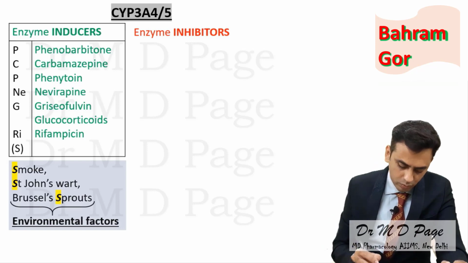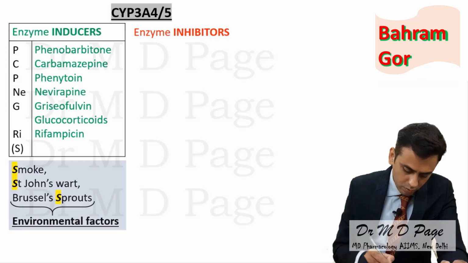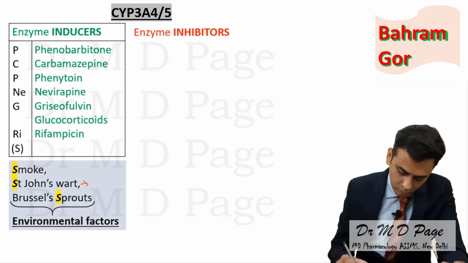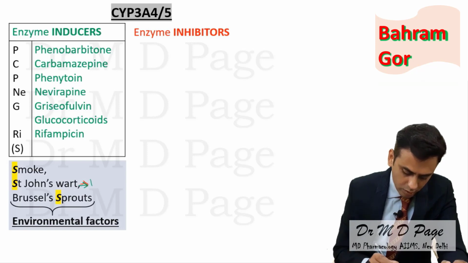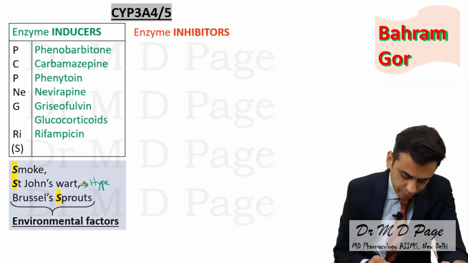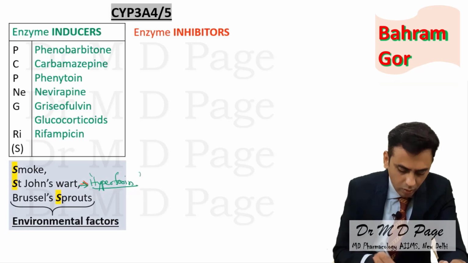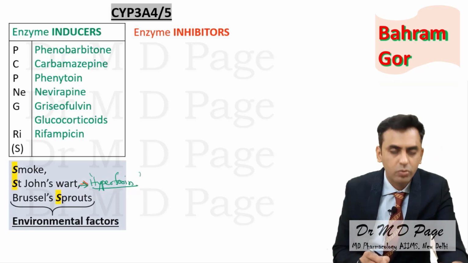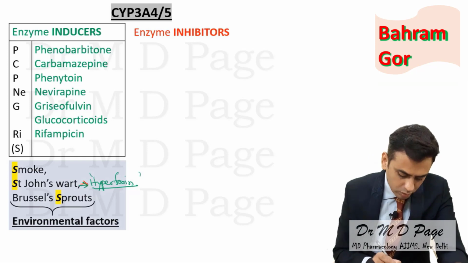By this St. John's wort, we also have hyperforin, the active principle of this St. John's wort. This has also been asked. All of this has been asked, and this hyperforin has also been asked. And one more environmental factor is DDT.